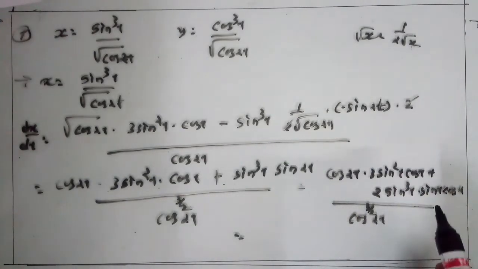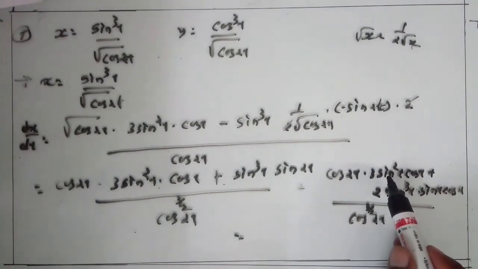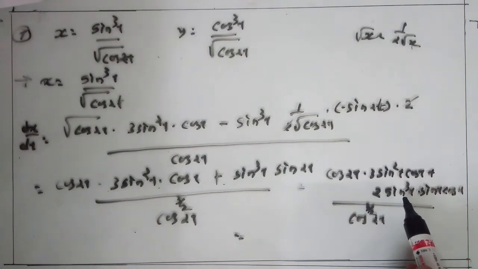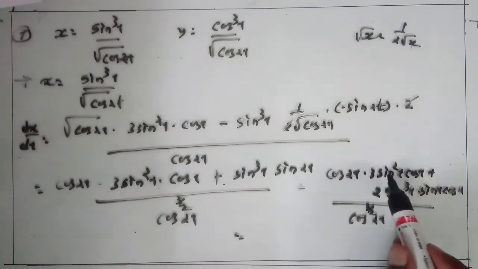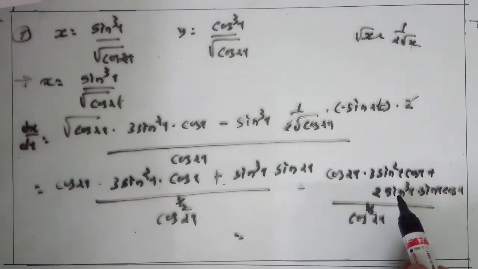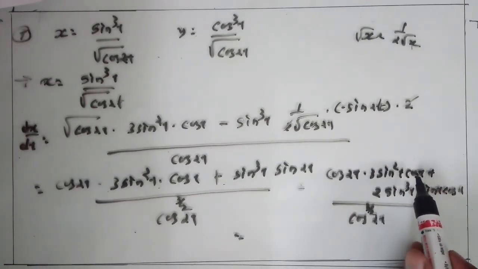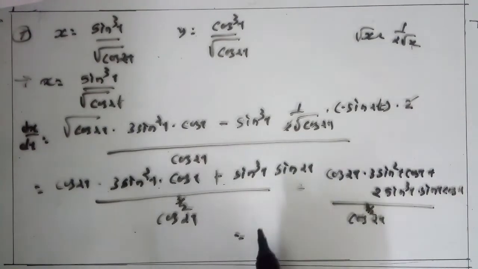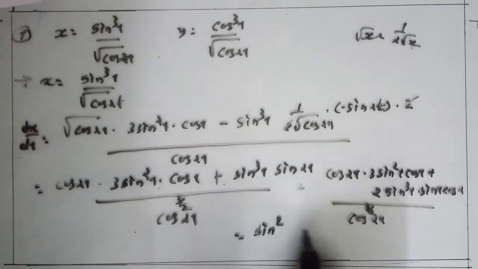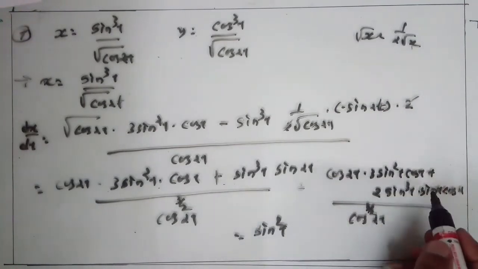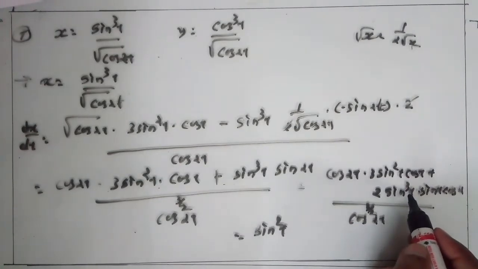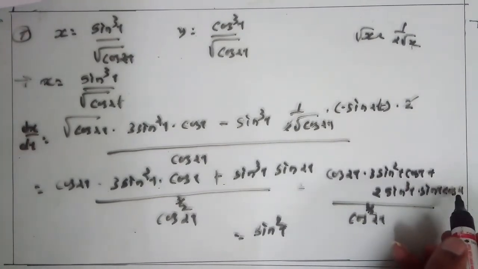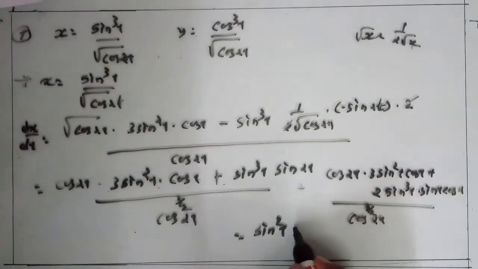So it is equal to, here sin square t take common, clear, with cos t. So sin square t from these two terms and the cos from the last terms take common.